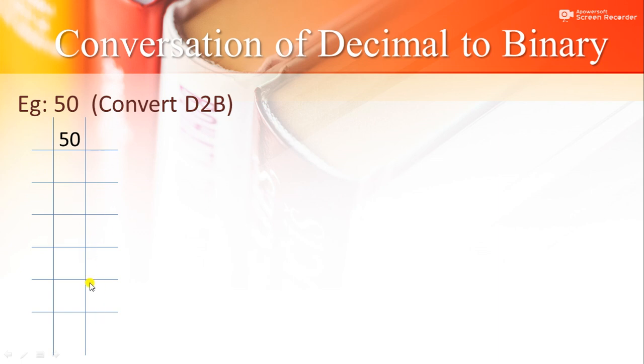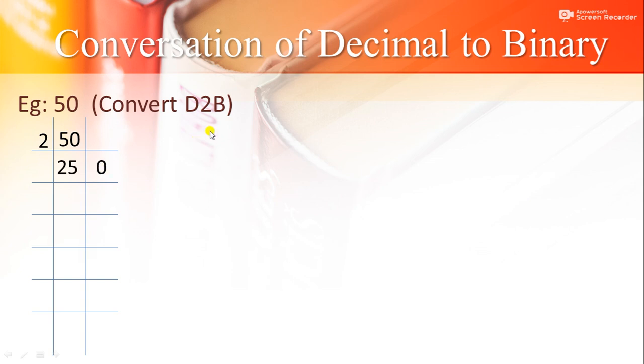So let's see. First, 50 is divided by 2, then answer will be 25 and remainder will be 0. So over here we will write 25 and over here we will write that remainder. So that will be 0. Over here we have written 2 and next we will write 25 and remainder will be 0.